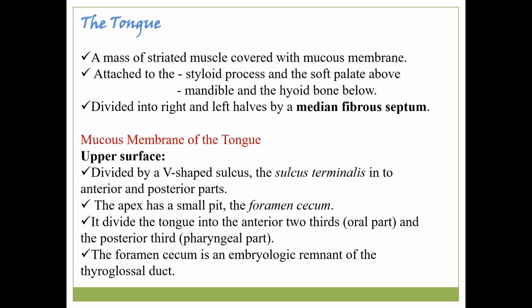At the apex of the V, there is a small pit. This pit is called the foramen cecum, and it is an embryological remnant of the thyroglossal duct.